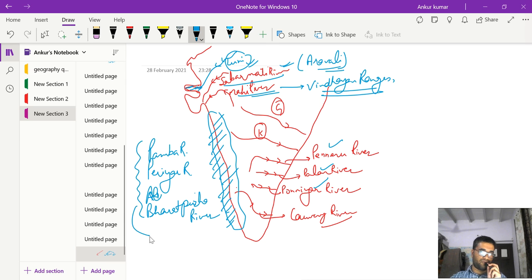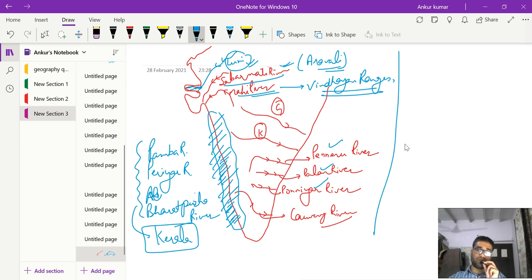So these are the rivers which flow in Kerala, right? Some other rivers also flow in Goa and Maharashtra. Short rivers, swift rivers making estuarine deltas. Okay, so these are the major river systems of India.